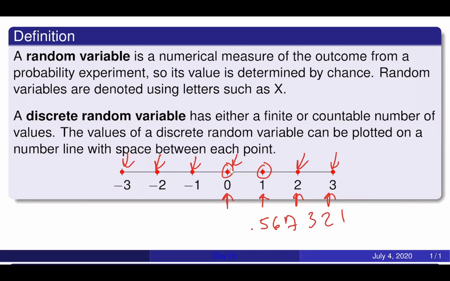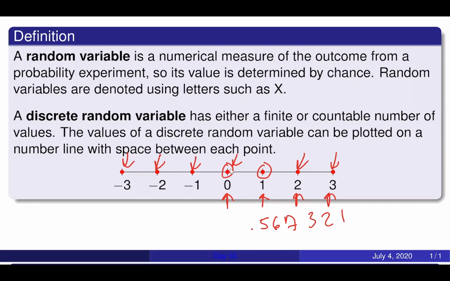You could tell me it took 20 minutes, or 20 and a half minutes, or 10 minutes, but you could get half of a minute, because we're not always exactly on that minute. All right. So that's a discrete random variable.